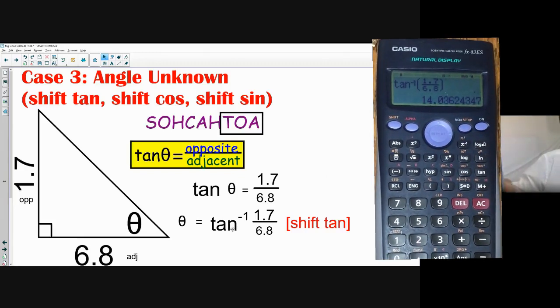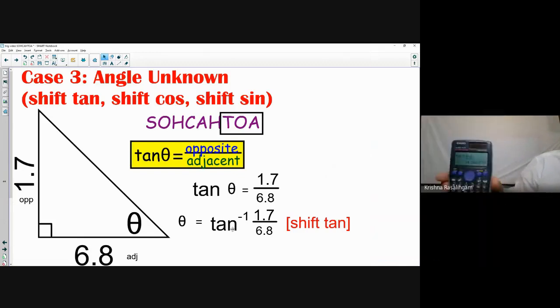I hope you can see that. And I press equals, that gives me 14 degrees. So case 3, as I describe it, is when we have a missing angle. When we have a missing angle, you press tan inverse, cos inverse, or sine inverse, which can be accessed on your calculator by pressing the shift button before tan, cos or sine.